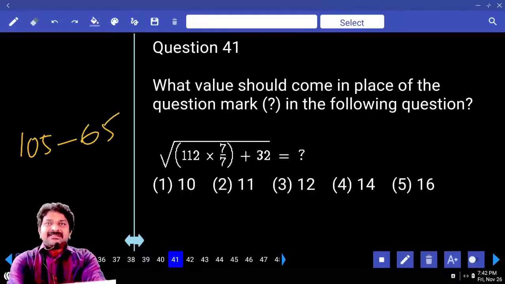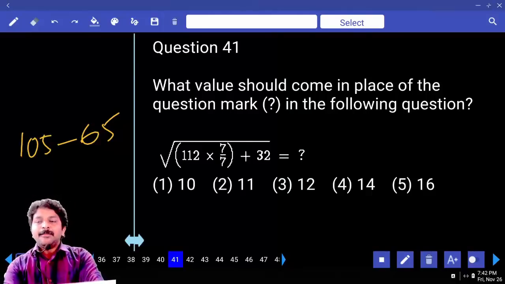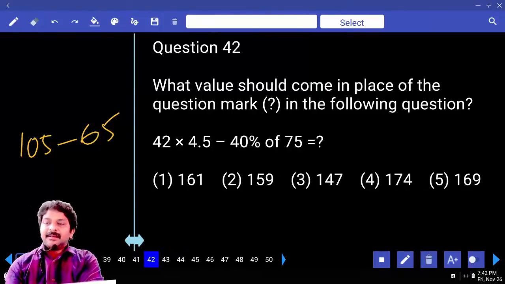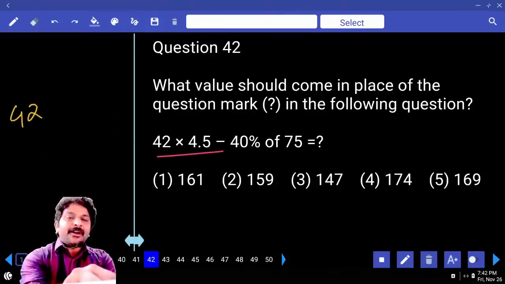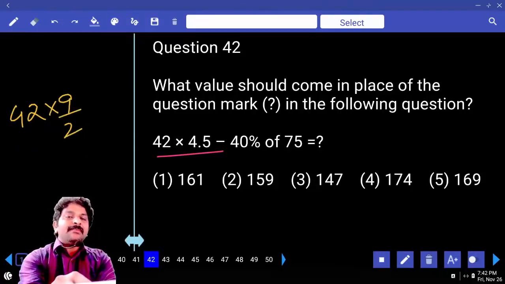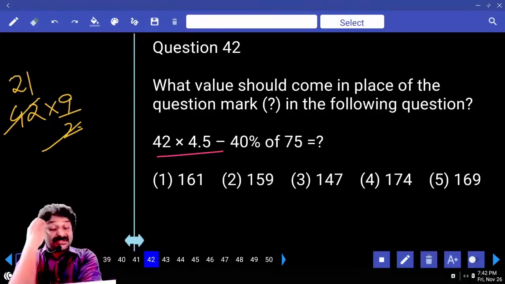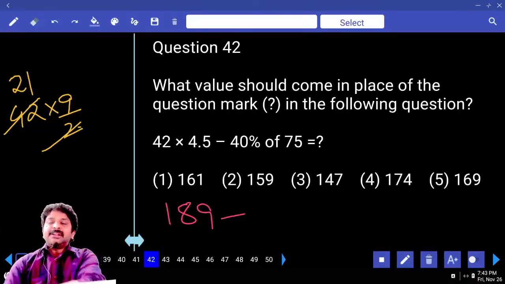7 by 7, that is 1. You don't have to worry about it. So number inside bracket, that is 1 1 2 plus 32 under root of 144. Yes. Right. So can I write this fellow as 42 into 9 by 2? 2 how many times? 21 9 times. 189 minus 40%.